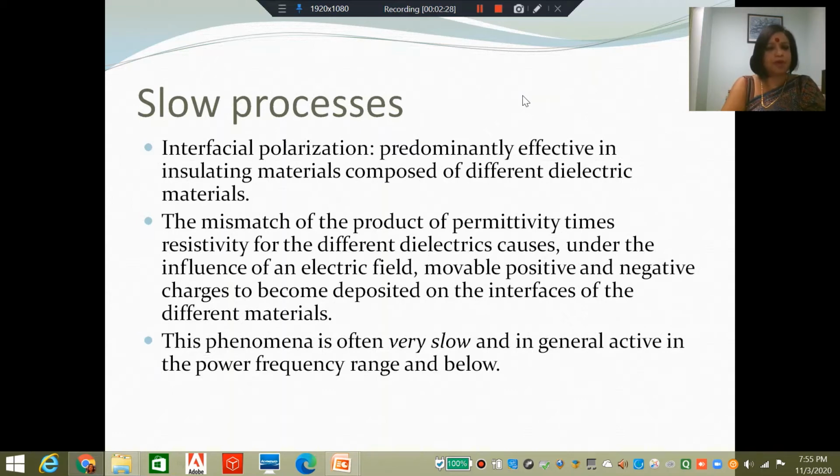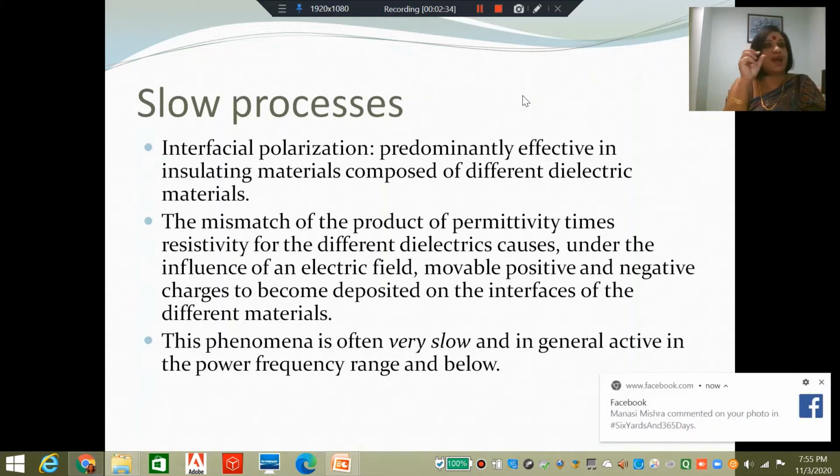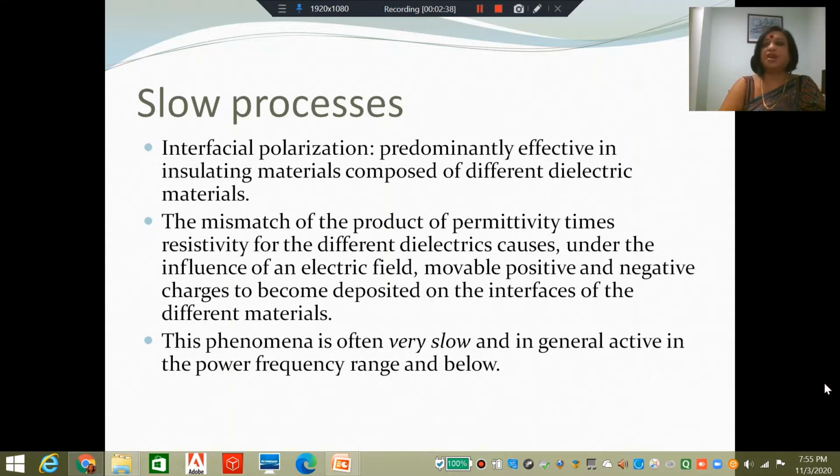This happens generally in a polar material, where you already have dipoles existing because of their bond angles and bond lengths.